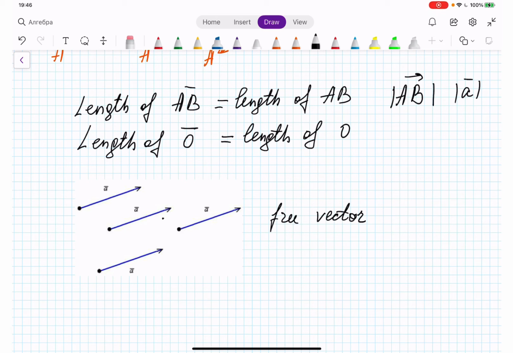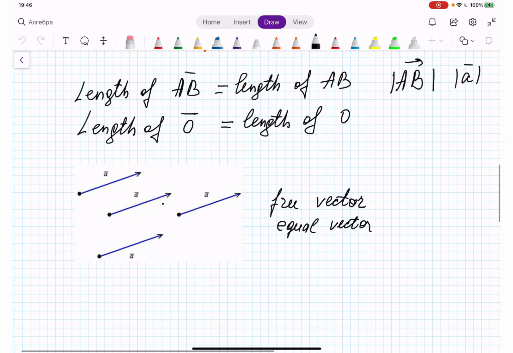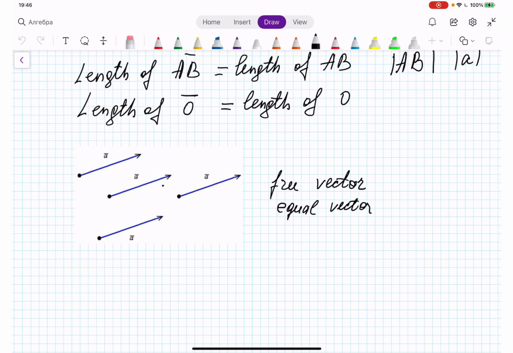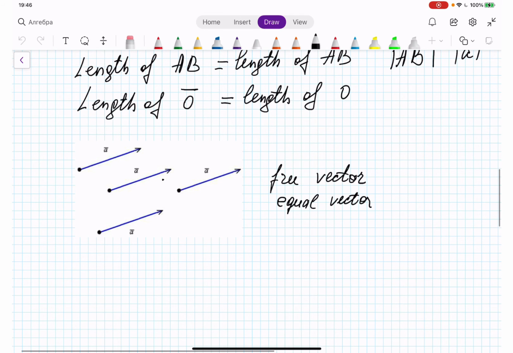Okay, so this is a free vector or equal vector. A free vector is a set of identically directed segments.